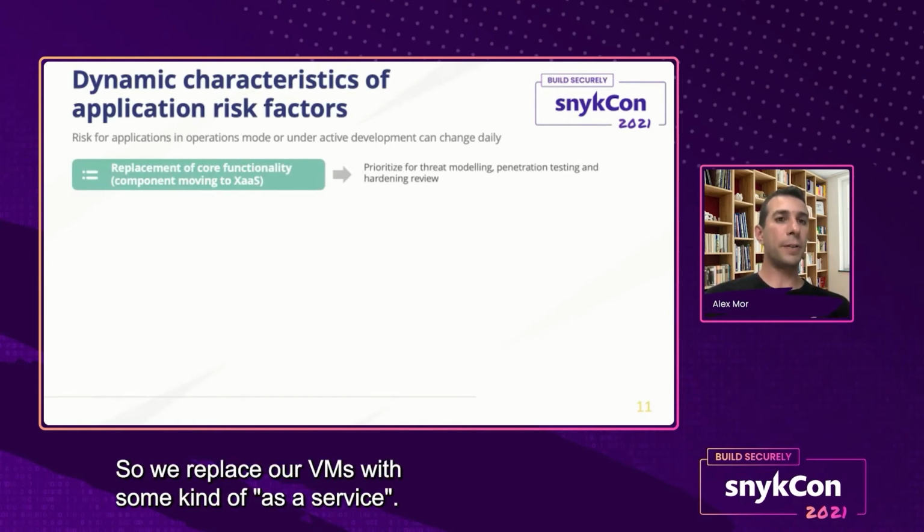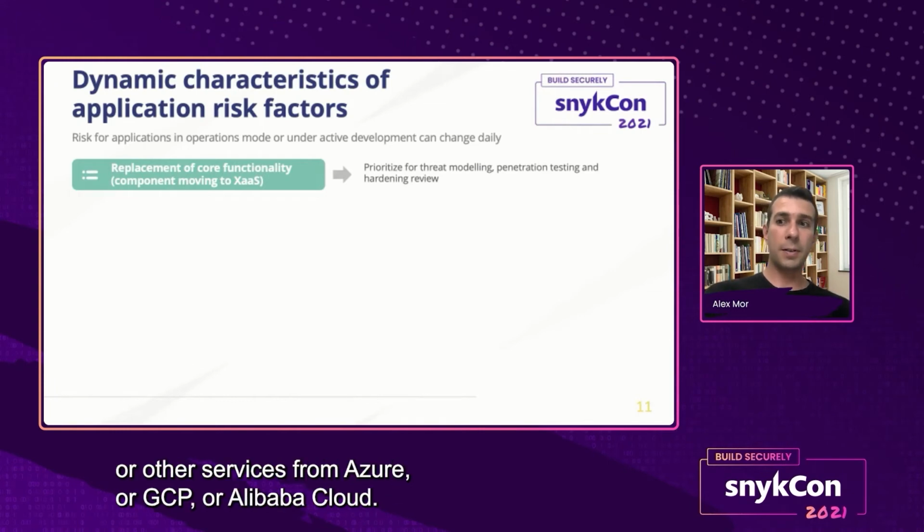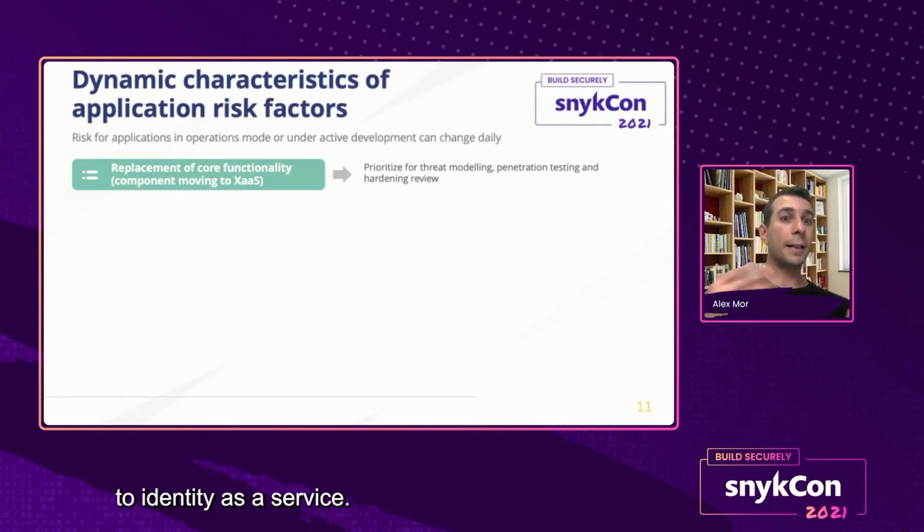So we replace our VMs with some kind of as-a-service offering, right? We replace our database with a platform service, MySQL on the cloud, PaaS services, RDS, or other services from Azure or GCP or Alibaba Cloud. We move from user passwords managed within our database to identity as a service.